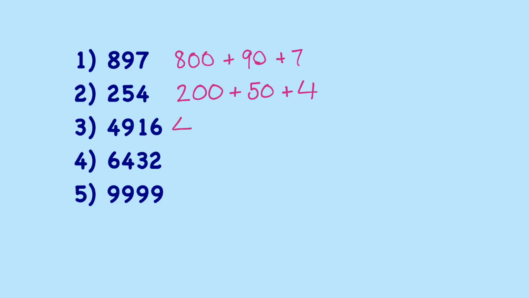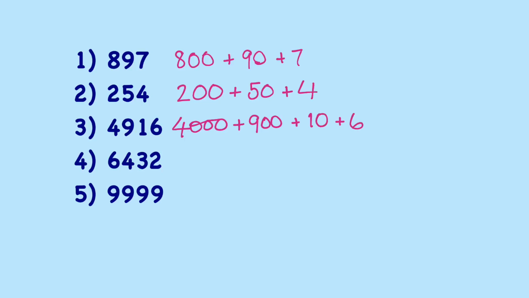How did you do? Let's go through the answers. Question number 1, 897 should have been partitioned into 800 plus 90 plus 7. 254, 200 plus 50 plus 4. 4,916, 4,900, 10 and 6.